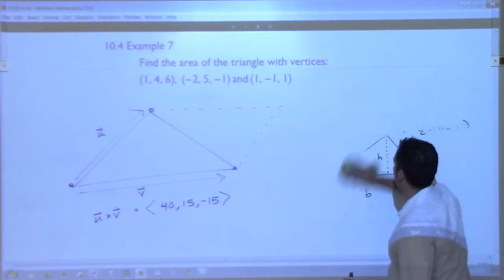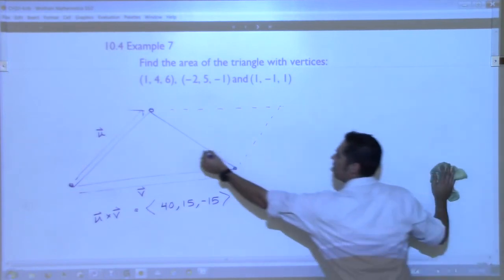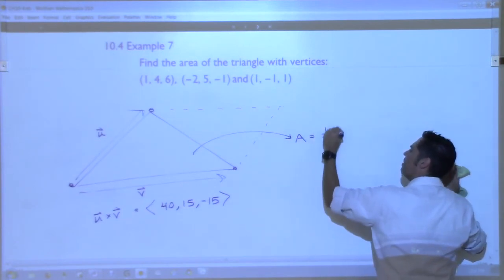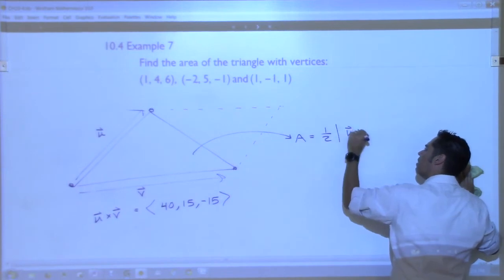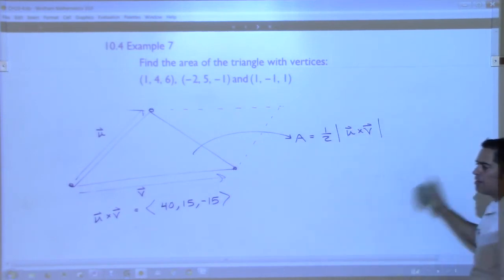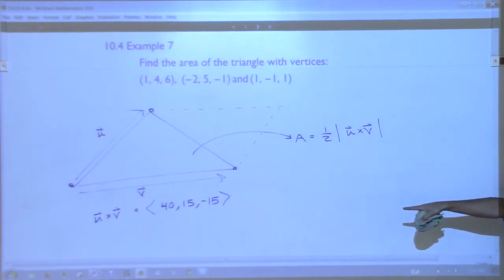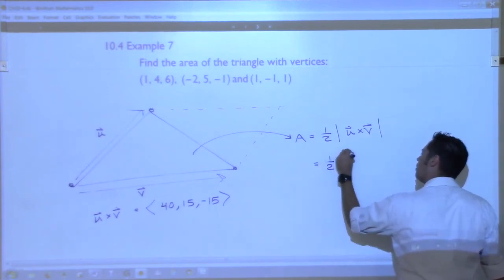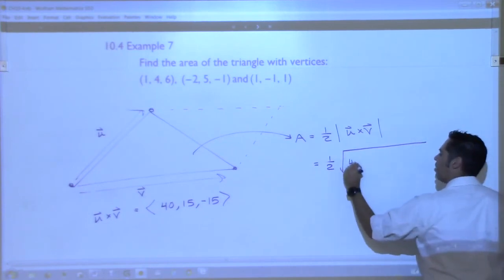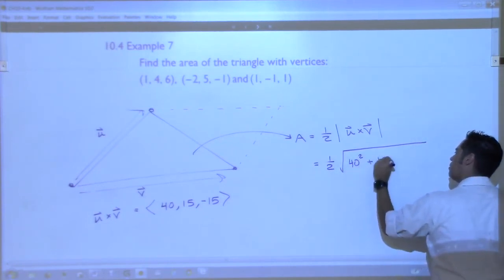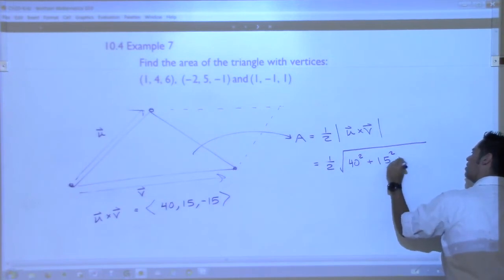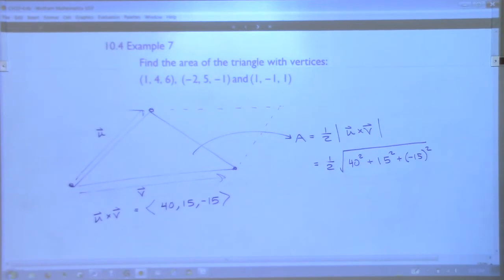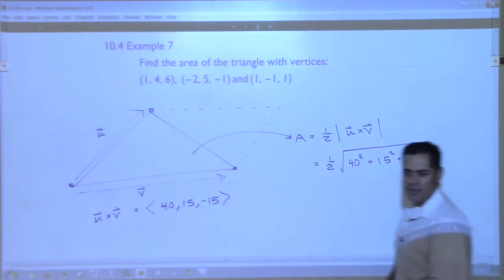So we just take half of the magnitude of the cross product vector. So we just need to take the magnitude of that vector, and then take half of it. So this would be half of the square root of 40 squared plus 15 squared plus negative 15 squared. Whatever that is, I won't do the rest, but it comes out to something.